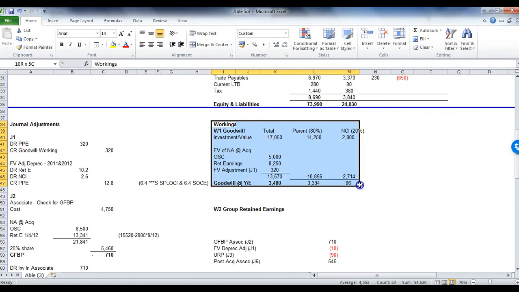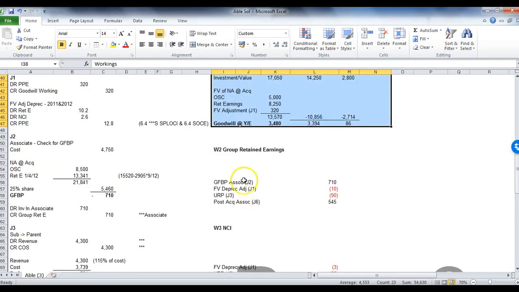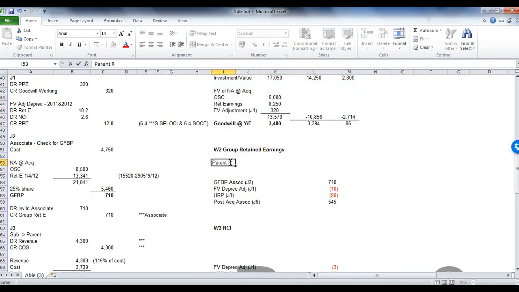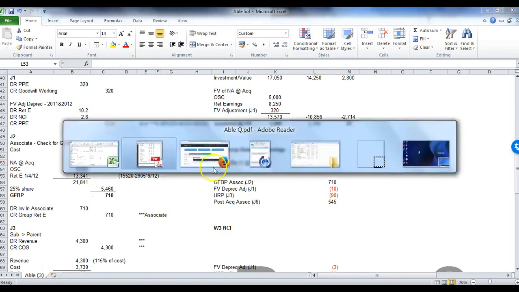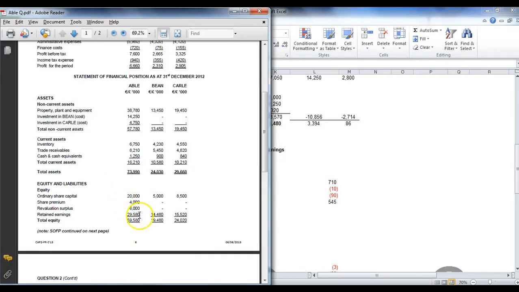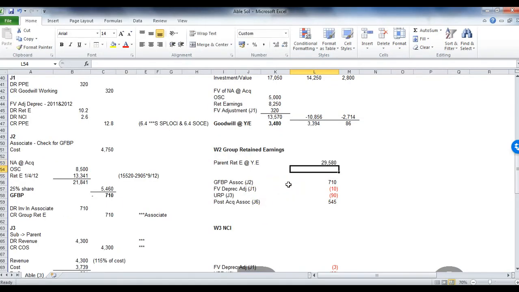We've got goodwill finished. We now need to finish off group retained earnings, and the two main things we're missing are the starting point, which is always the parent retained earnings at year end. In this case, the parent is Abel, which is 29,580. So you have 29,580 as your starting point. Then you have all the relevant adjustments, some related just to the parent, some for the sub.